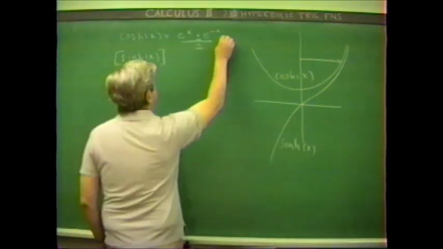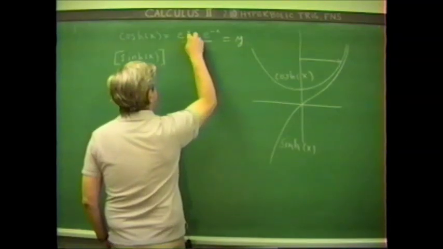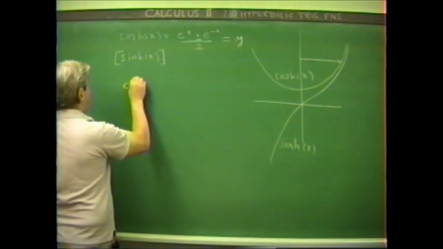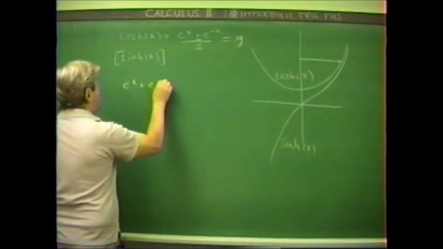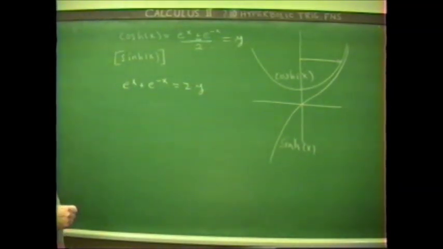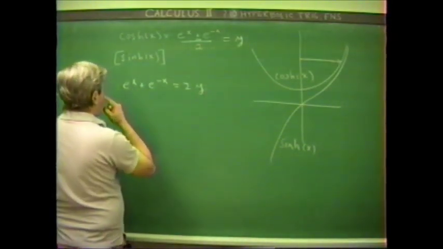So let's let y equal e to the x plus e to the minus x over 2. Then we've got e to the x plus e to the minus x is 2y. We want to solve this now for x to find the inverse function. To do that, let's multiply through here by e to the x.